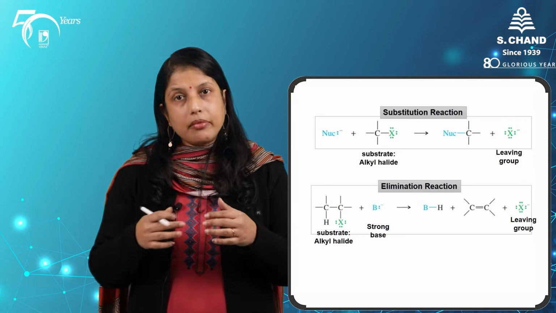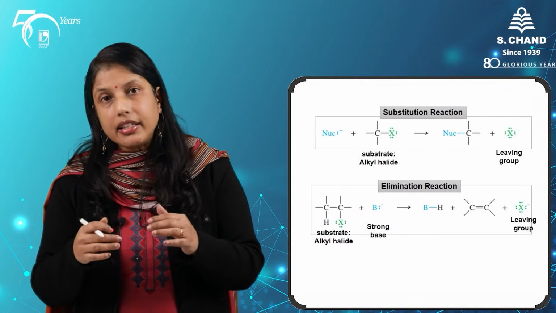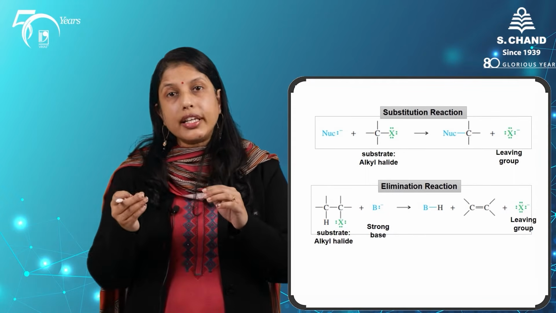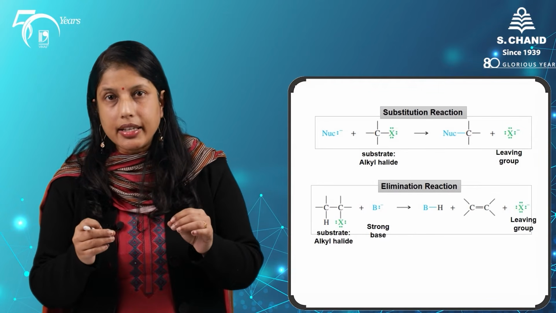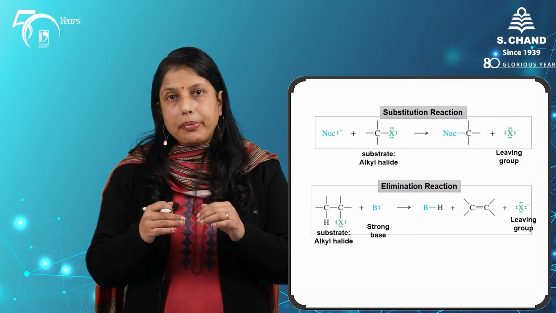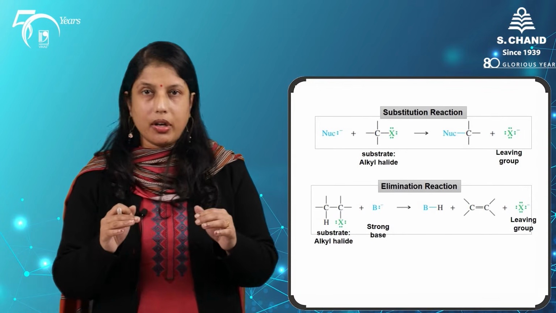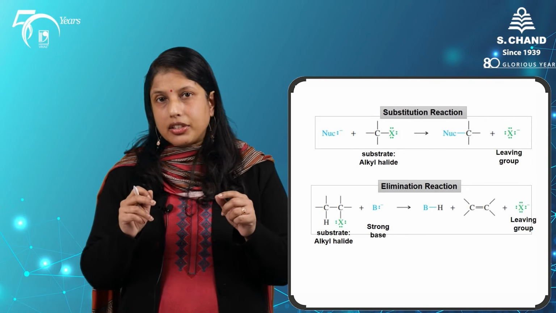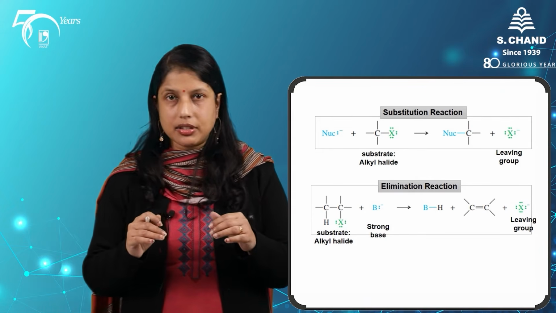At the same time, what can also happen is that the halide ion can leave along with another atom, usually a proton. And when this happens, it results in the formation of a new pi bond. Such type of reactions, if you remember, are called elimination reactions.